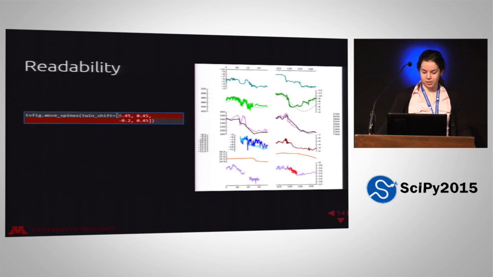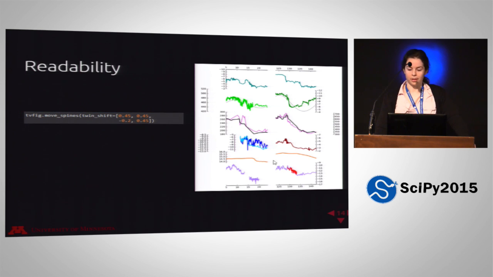In this call, I've chosen to just move all of the twins out of the way of the original axes. If I didn't have this one right here, I could have just provided twin_shift equals 0.45, and they would have all moved to that distance. I could have moved the original axes. TrendVis is really here to help you do whatever you need to do to make this readable, but to make it useful.